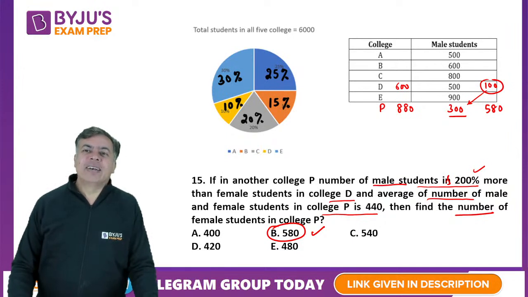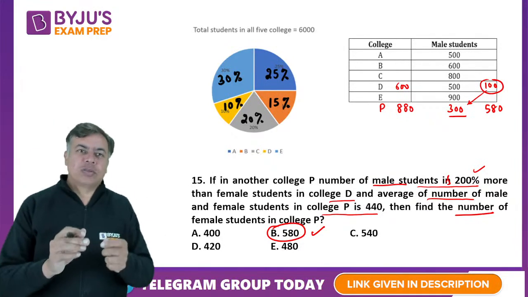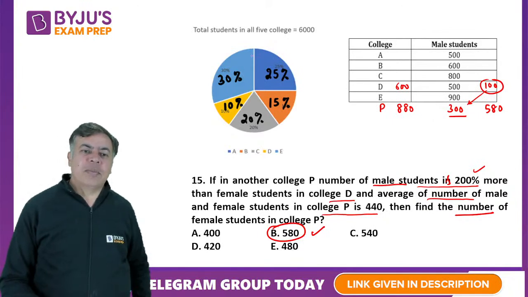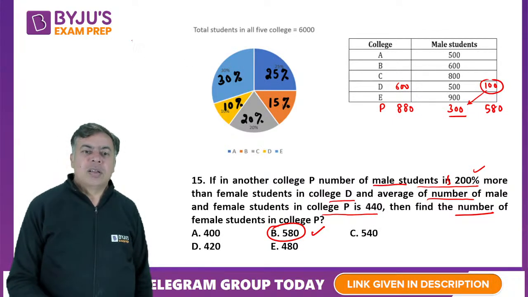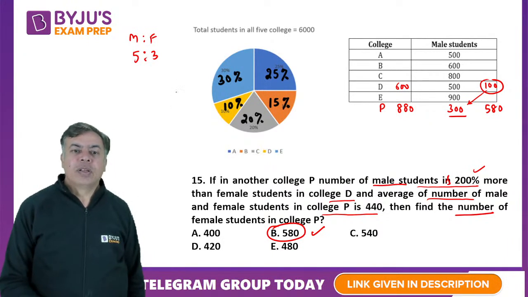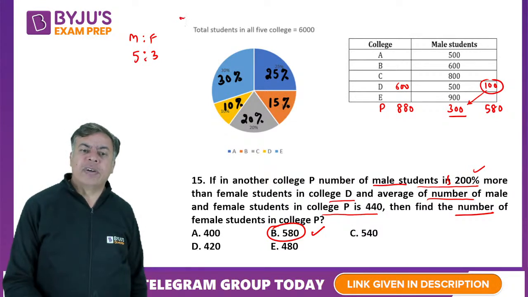Maybe sometimes you are not comfortable in taking ratios. If I say the male to female ratio is 5 is to 3, and you are given that there are 72 females, what is the total?